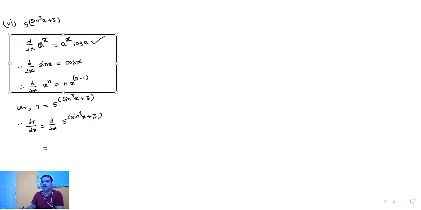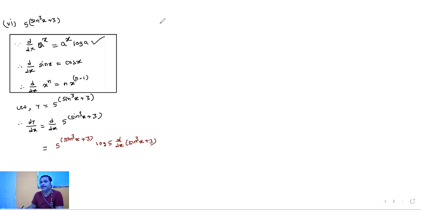Now let's do it further. Using a raised to x into log of a, this will be 5 raised to sine cube of x plus 3 into log of 5. And we can solve this further by taking the derivative of sine cube of x plus 3.